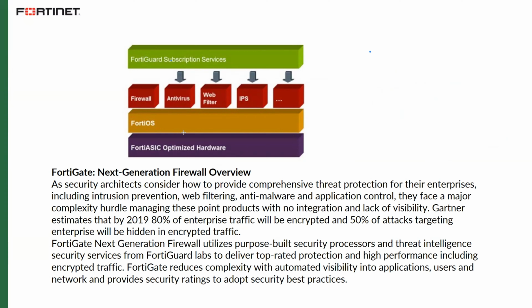On top of that, they have multiple features, and those features are technically called modules. So we have a firewall module, we have an antivirus module. Now again, you might have a question in your mind, sir, we have a firewall, so what is a separate antivirus, what is a separate web filter? Let me give clarity on it.